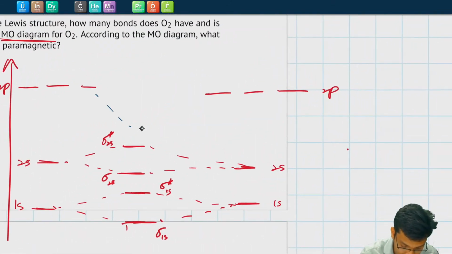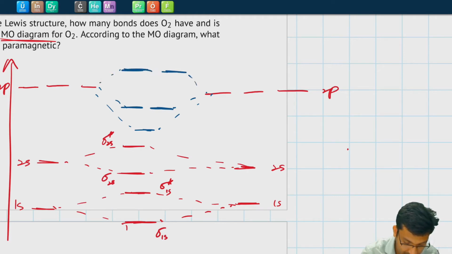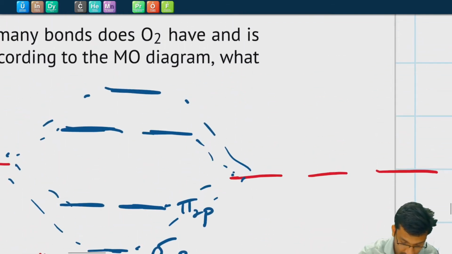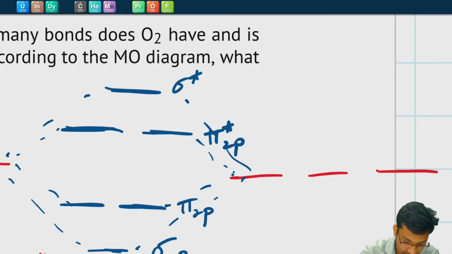We'll start with a sigma and 2 pi's, which are all lower in energy. Then we go to 2 pi star, which is higher in energy, then a sigma star, higher still. This is sigma, which comes from a 2p. This is a pi that comes from a 2p. This is a pi star that comes from a 2p. And this is a sigma star that comes from a 2p. So that's how we label them.